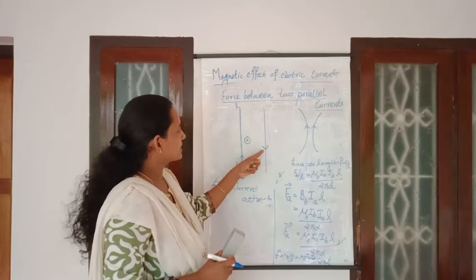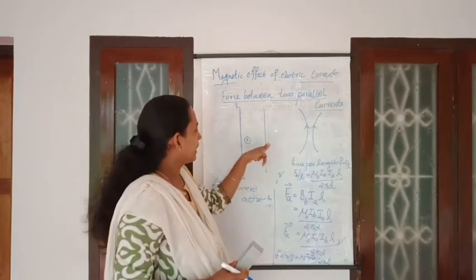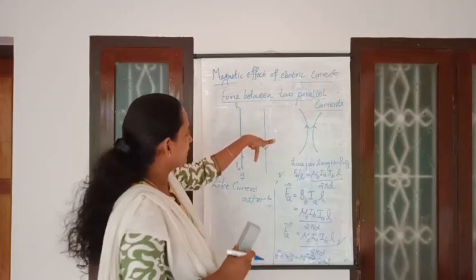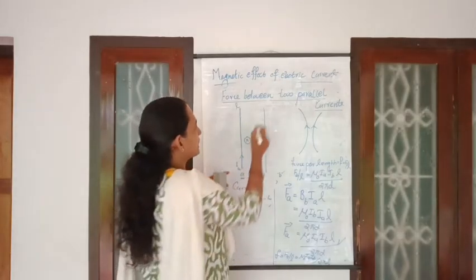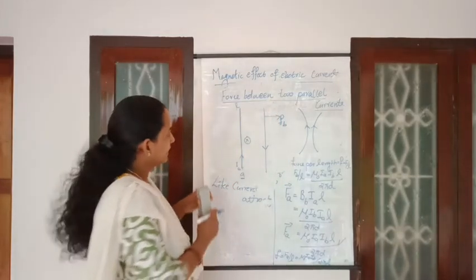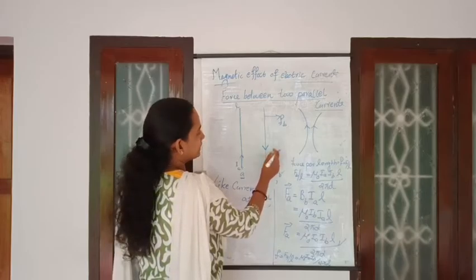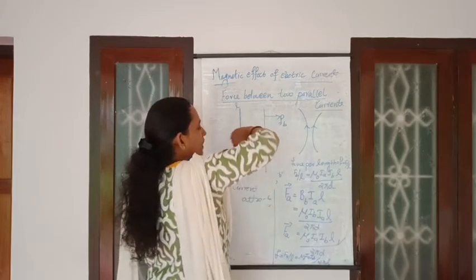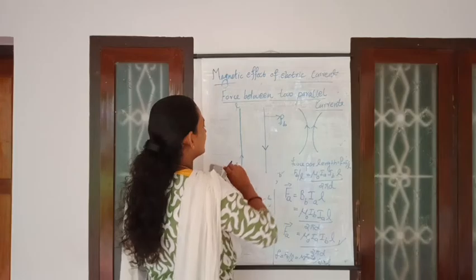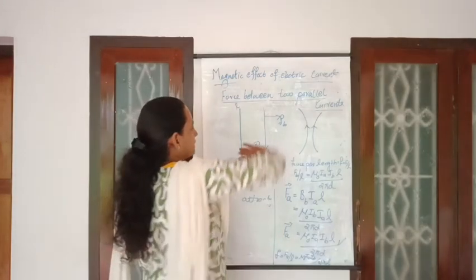Therefore, this will experience a force. The magnetic field is inward, current is downward. Therefore, what is the force? The force is along this direction. Then what about this one? The current is downward, and here the magnetic field is inward itself.